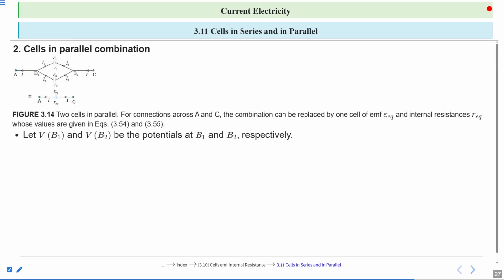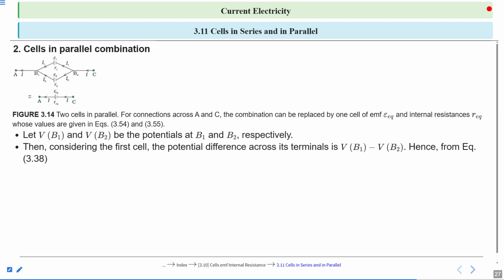Now again the diagram, and let VB1 and VB2 be the potentials at B1 and B2 respectively. So VB1 is the potential at point B1 and VB2 is the potential at point B2. Then considering the first cell, having EMF epsilon 1 and internal resistance R1, the potential difference across its terminals is VB1 minus VB2.